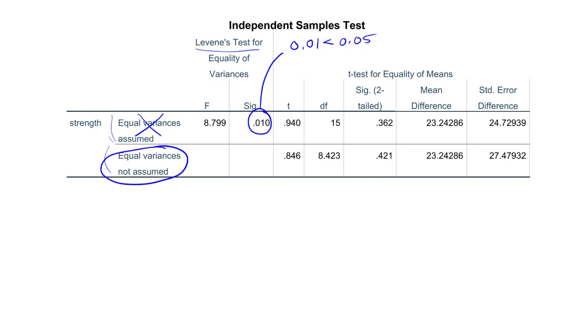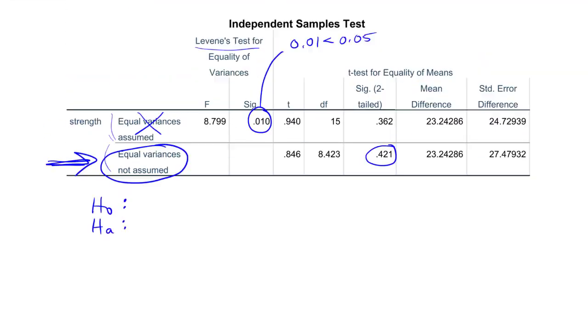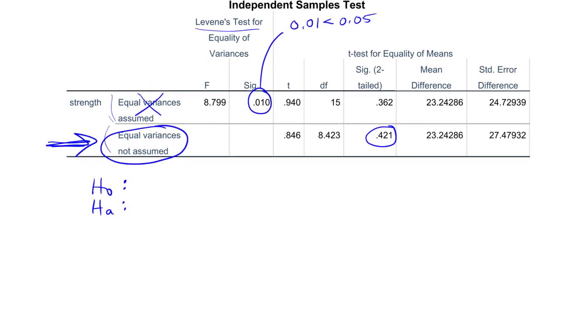So that means I'll be following this row here. When I want to find my significance level, I'm going to be here. But let's set it up and go back to that in a minute, because I need to know about the tails and what I'm trying to do here. So remember, we were trying to see if the new experimental treatment rather than the conventional treatment makes a difference.